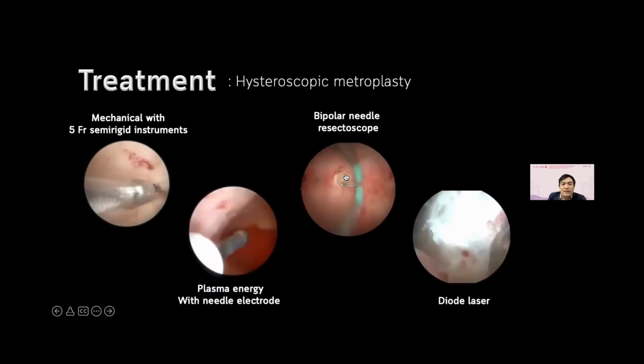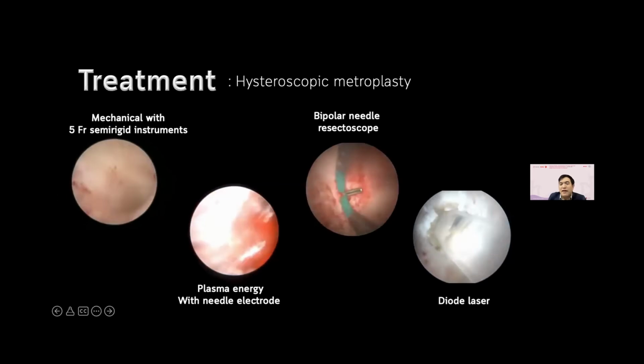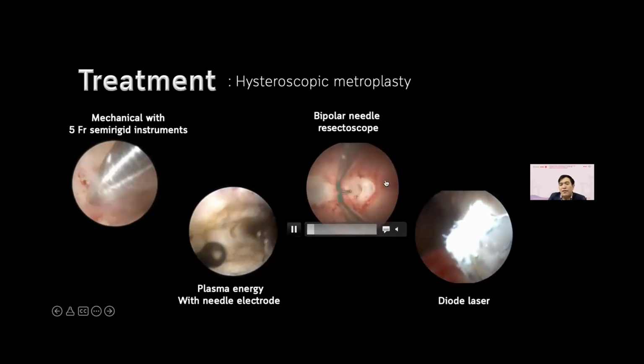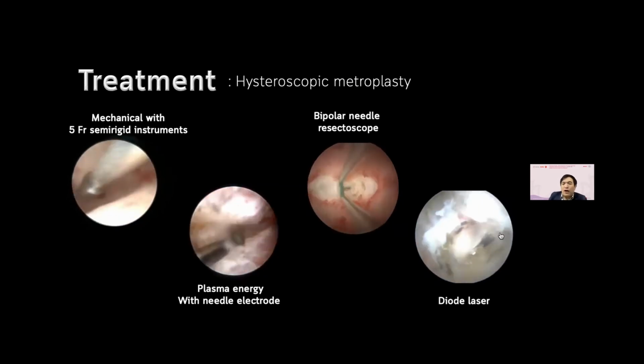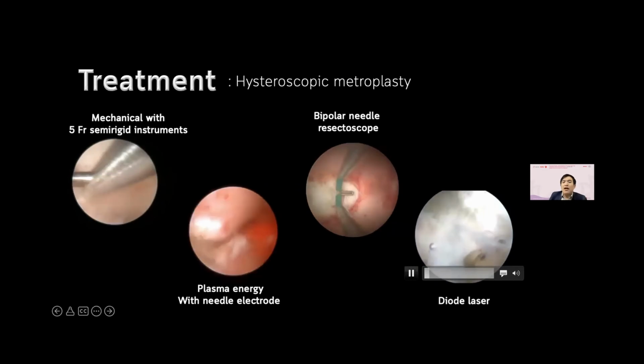So we can see and treat this condition with a semi-rigid scissor or with the plasma energy needle, which is much faster. Or I use the bipolar hook with a resectoscope. The diode laser can also be used in this condition.